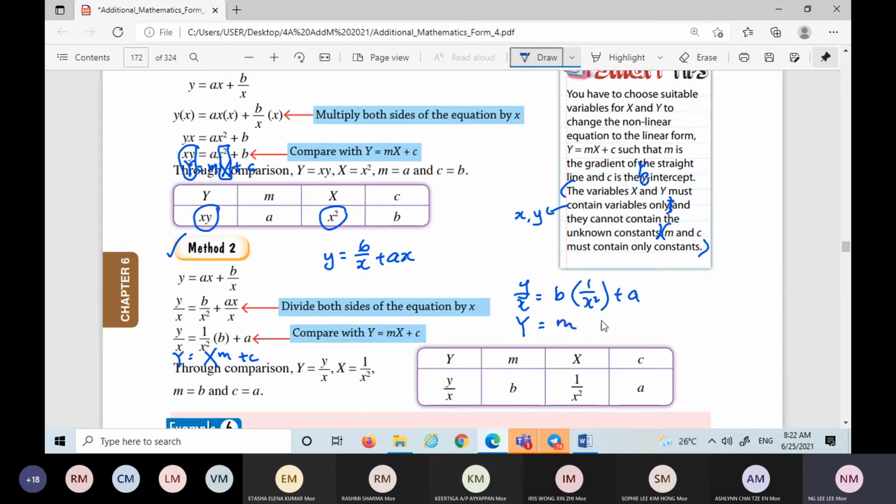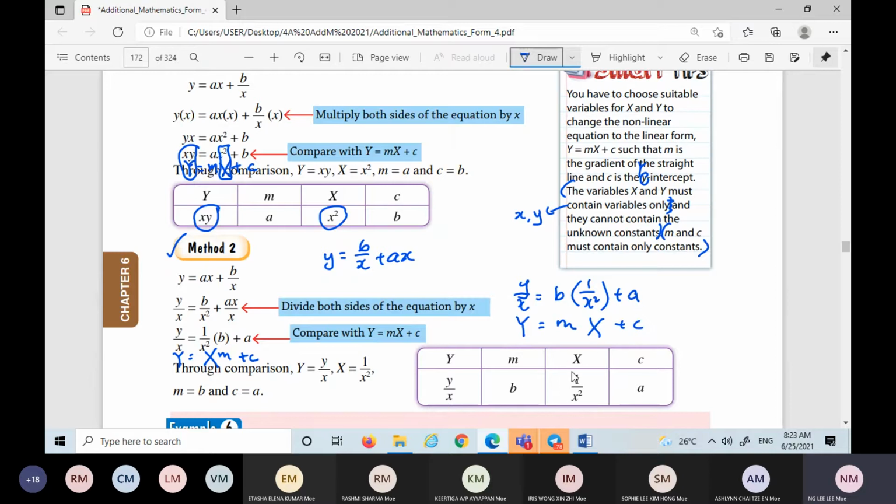Y equals MX plus C. Same thing, check and see. Capital letter Y, there's no constant A or B. Capital letter X, there's no constant A or B. Gradient M, there's no XY. C, there's no XY.